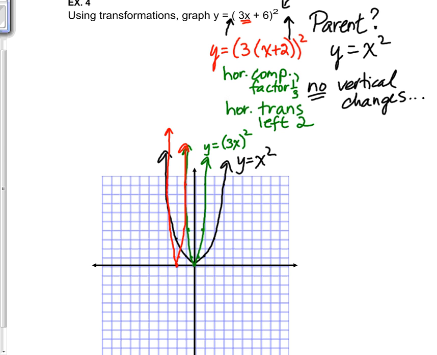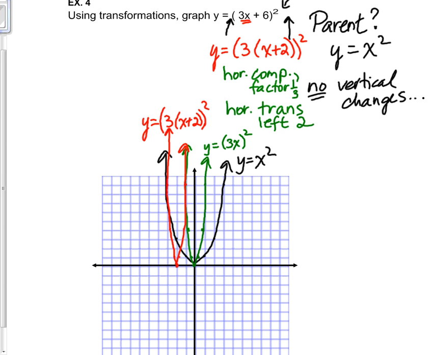My red function is supposed to have the right shape. It's very hard with the smartboard, but it is from the vertex, which is now 2 to the left, over 1/3, up 1, over 2/3, up 4, and over 1, up 9. And that same shape is our final answer. y equals 3(x + 2) squared. Or you can write it like they gave it to you originally. It's the same function.